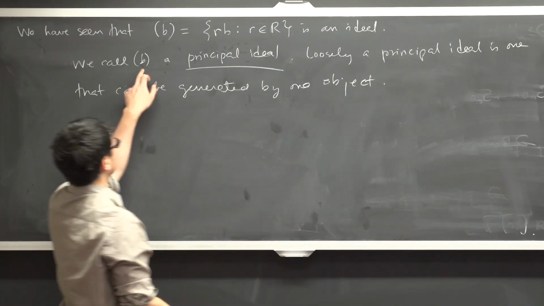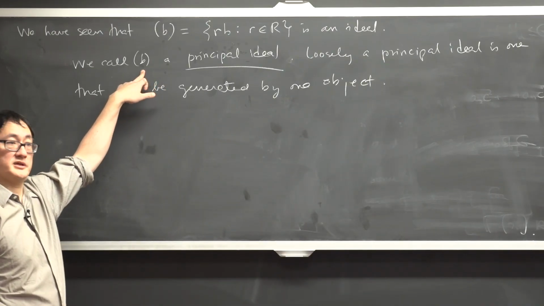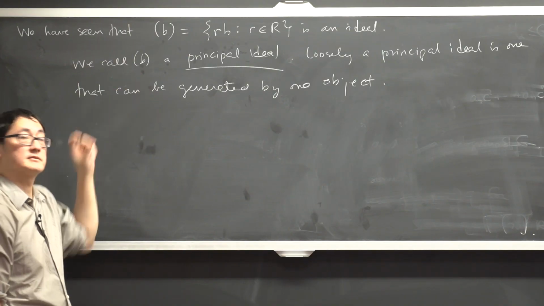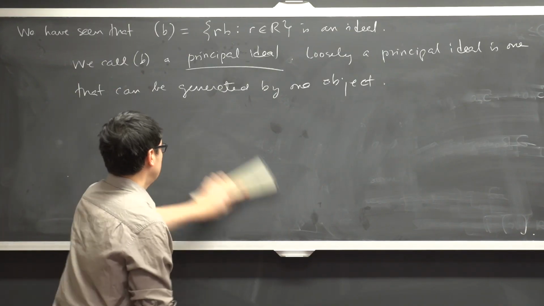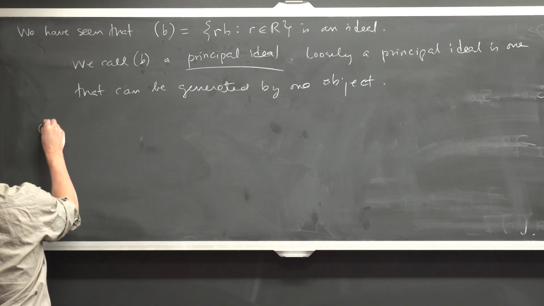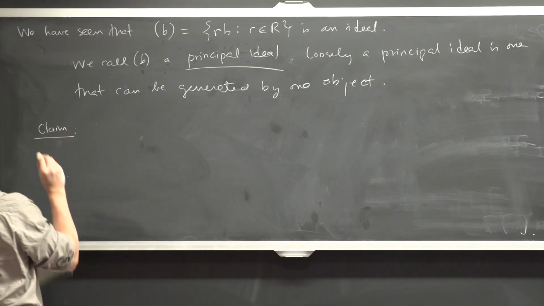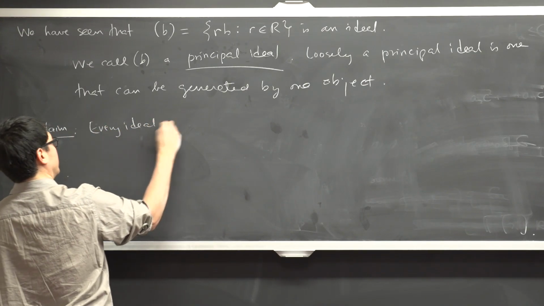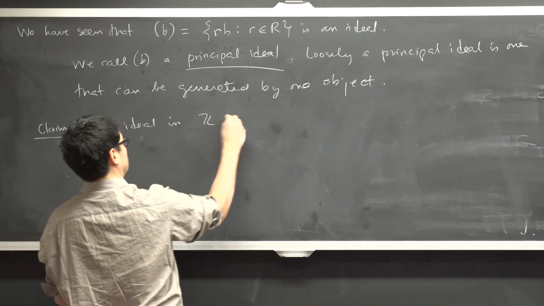Okay? So here we call this the principal ideal generated by B. Are we okay with that? Right? So what I want to claim is the following. Every ideal in Z is principal.